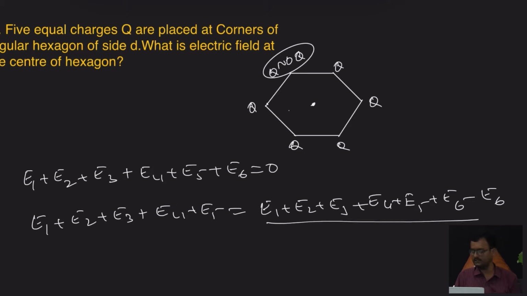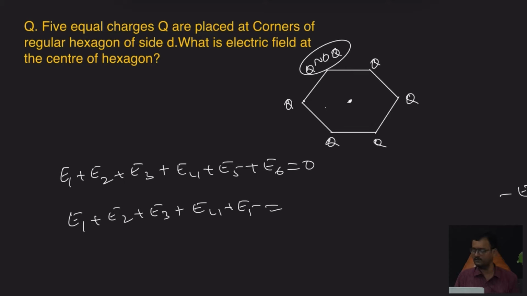See here, what is this resultant? That is 0. So 0 minus E6. So what is E6? The sixth charge is at this corner, so it repels a unit positive charge along this direction. So minus means take the opposite.